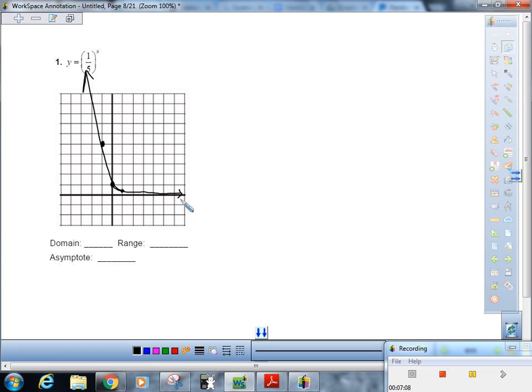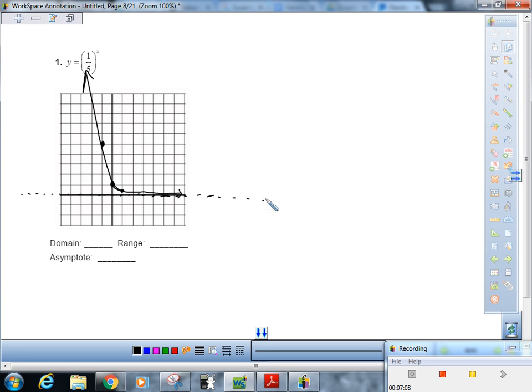Because if you sat there and typed in 1/5 times 1/5 1,000 times, there's no way the answer could be 0. Your calculator probably tells you that it's 0 because it's estimating it. Does that make sense? So what we want to do is draw a dashed line or a dotted line where the asymptote is. That's the generally accepted math way to do that.